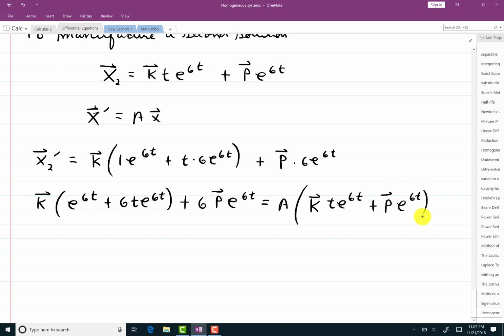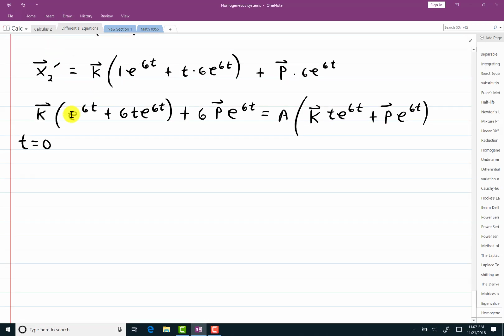Now, since you're constructing this just like anything else, you can have some convenience here. What you might do is allow t to equal 0. You can pick whatever values you want. You're just trying to manufacture a solution. If I let t equal 0, I will get a k times e to the 0 plus 0.